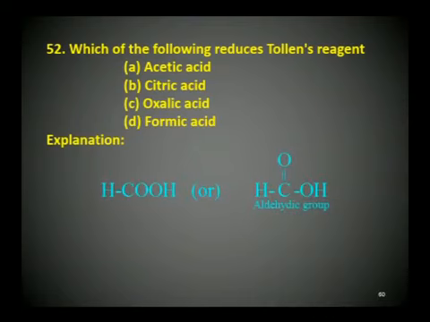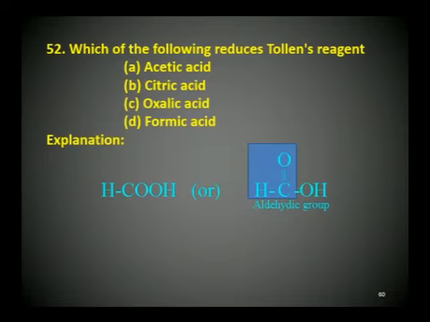Now, if you see the 4 options, the correct option is formic acid, HCOOH. When we write the structure of formic acid, you can clearly see H-C double bond O can be written here.